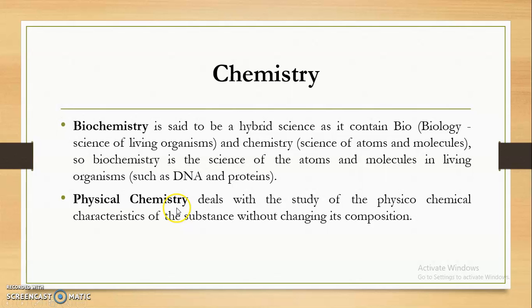In physical chemistry, we will be studying the physico-chemical properties of the substance without changing its composition. Say for example, a tablet is there, a capsule is there. So without changing the contents of this tablet or capsule, we will be carrying out the determination of the various contents that are present in that tablet or capsule. This field is known as physical chemistry.